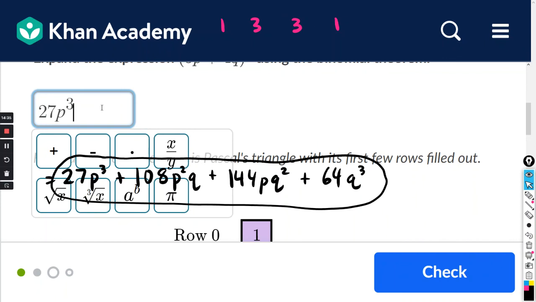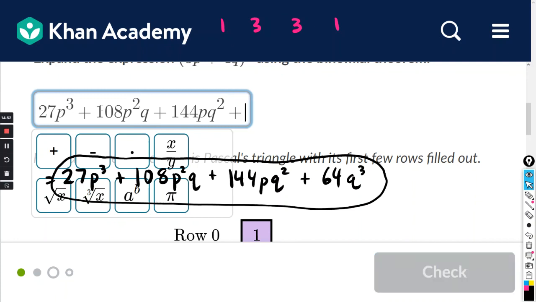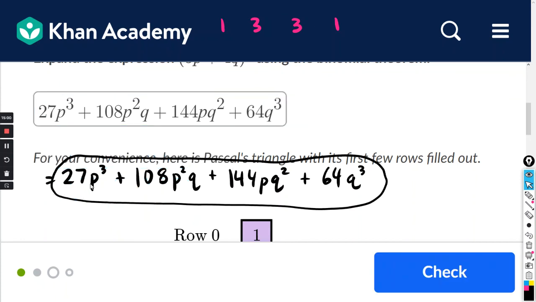Hit the right arrow key, plus 108 p squared times q, plus 144 pq squared. Hit the right arrow key, plus 64q to the third. Okay, double check and make sure it matches. And it looks good.